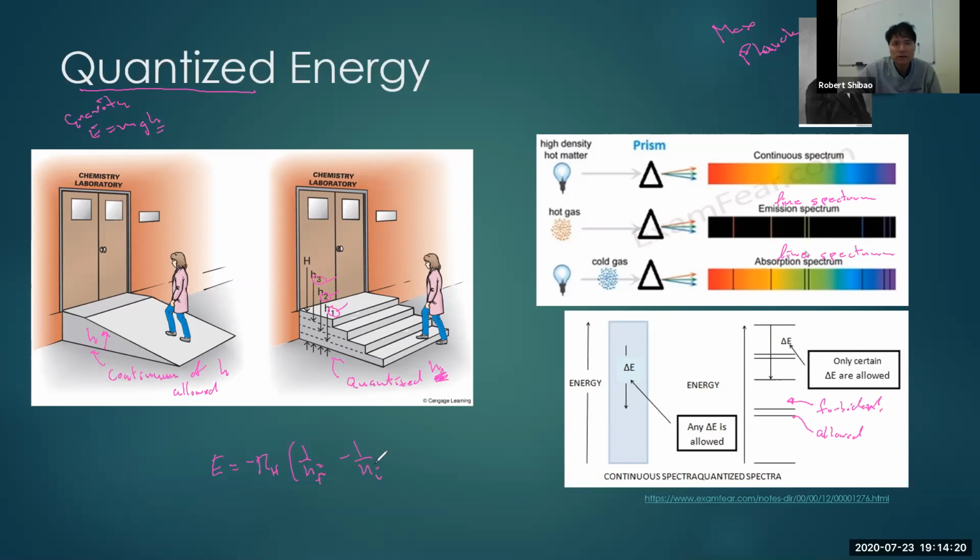The only way to get the Rydberg equation to work is if n is equal to 1, 2, 3, etc. It has to be an integer. We can't have 0.5 or 1.1. It has to occur in steps like this. Then this equation fits the line spectrum for hydrogen, and it works.